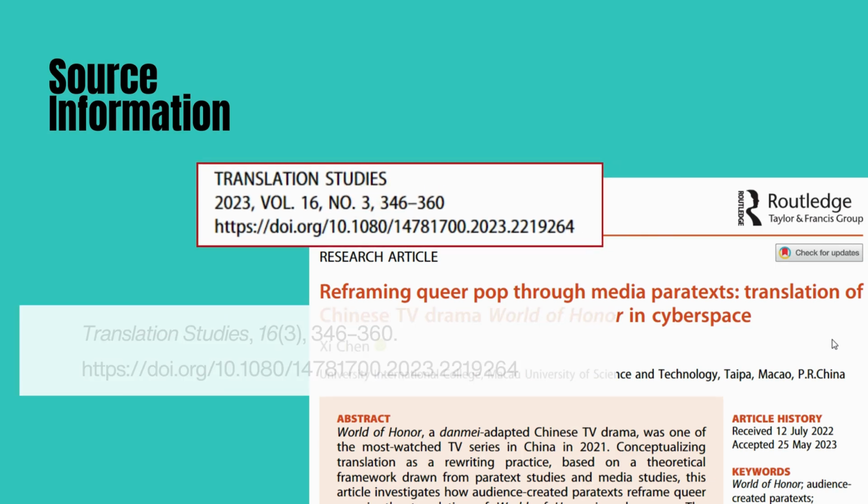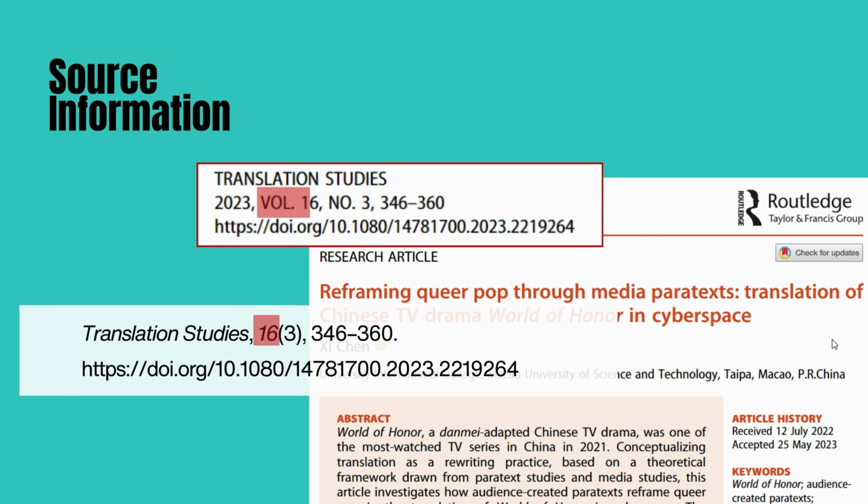When citing the article, the volume number comes first, followed by the issue number in parentheses. For example, volume 16, issue 3. It's important to note that if the issue number is missing, you can simply omit it and just include the volume number.